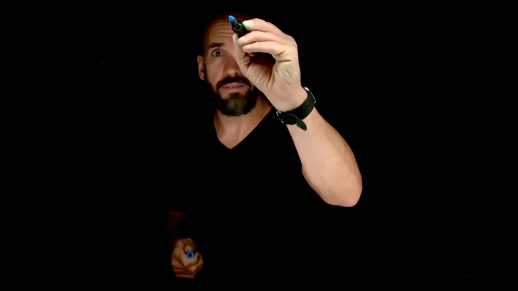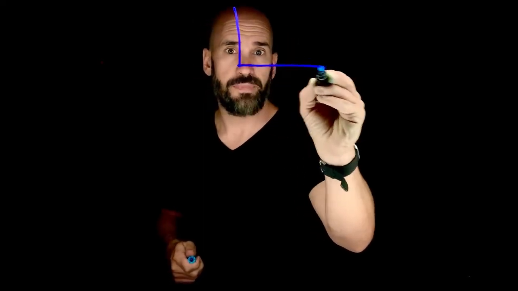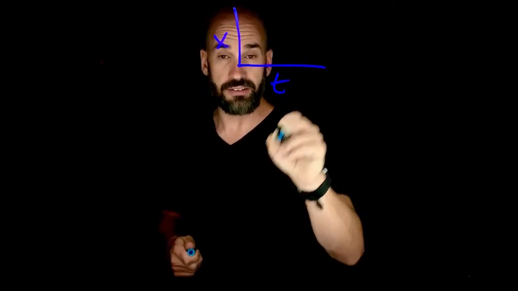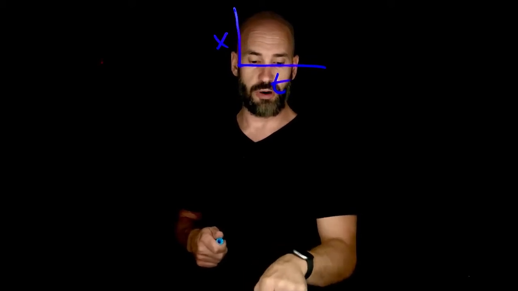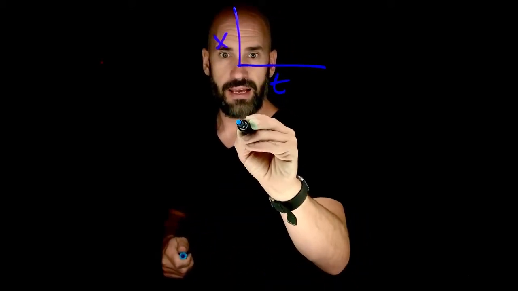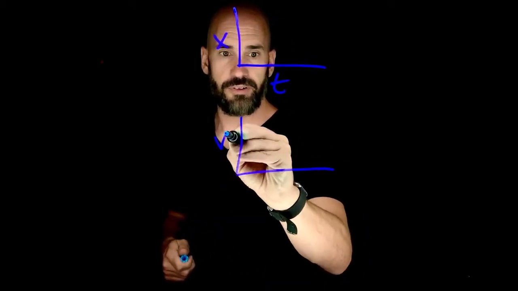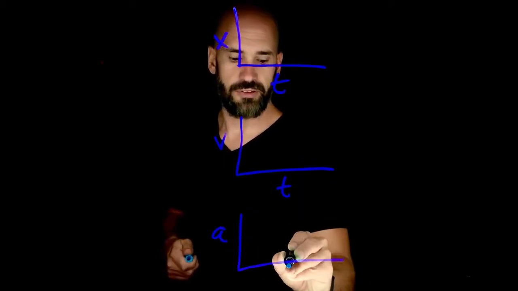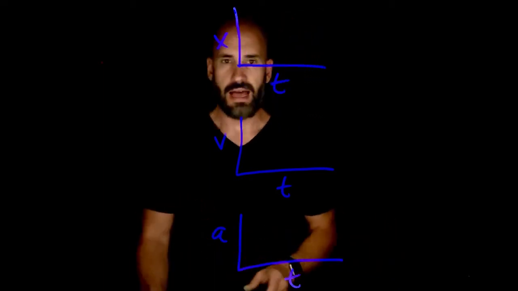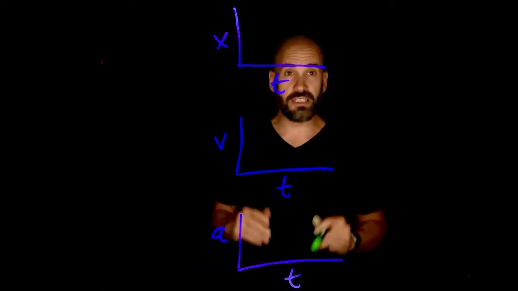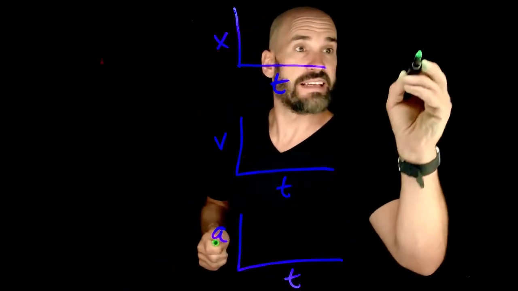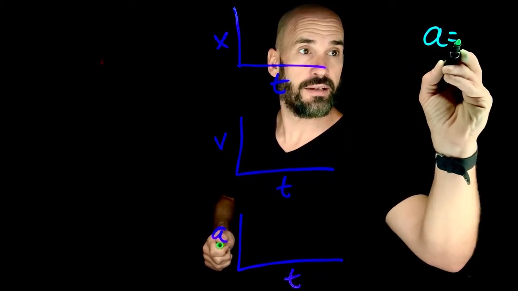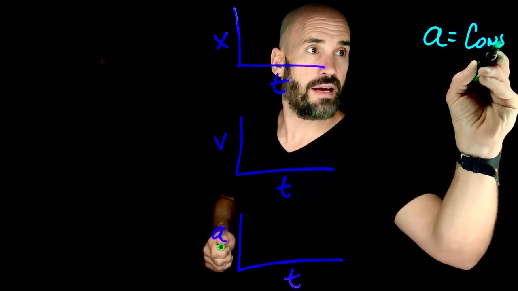So we have a position versus time graph here. And you guys can go to the slide that says position, graphs, and slope, okay? And we have a velocity versus time graph right here, and an acceleration versus time graph here. Now, we are going to specifically look at the one example where we have acceleration being constant and positive.